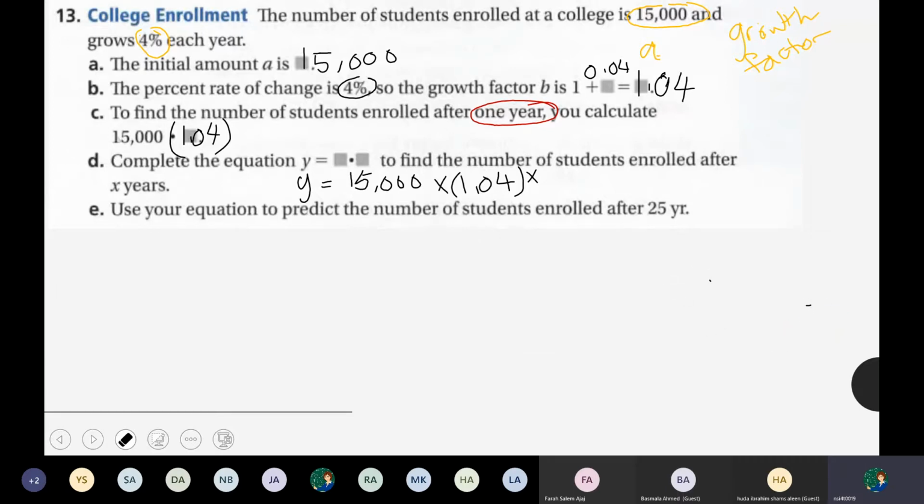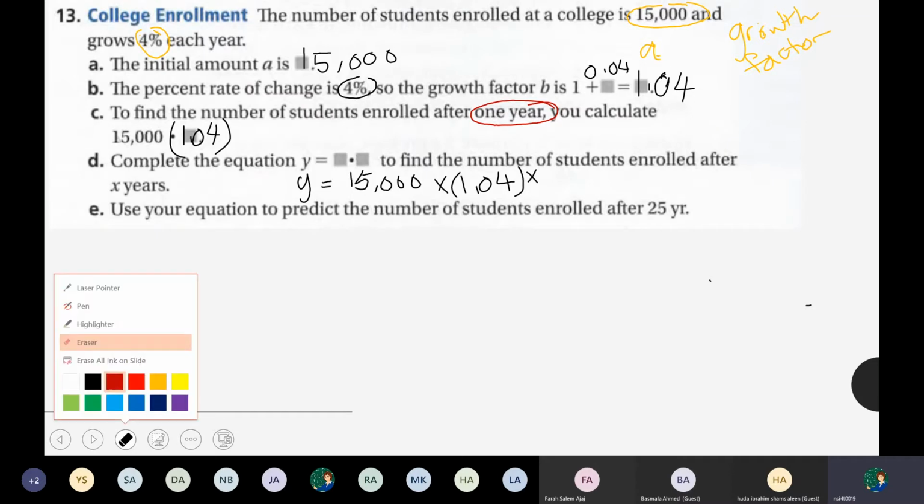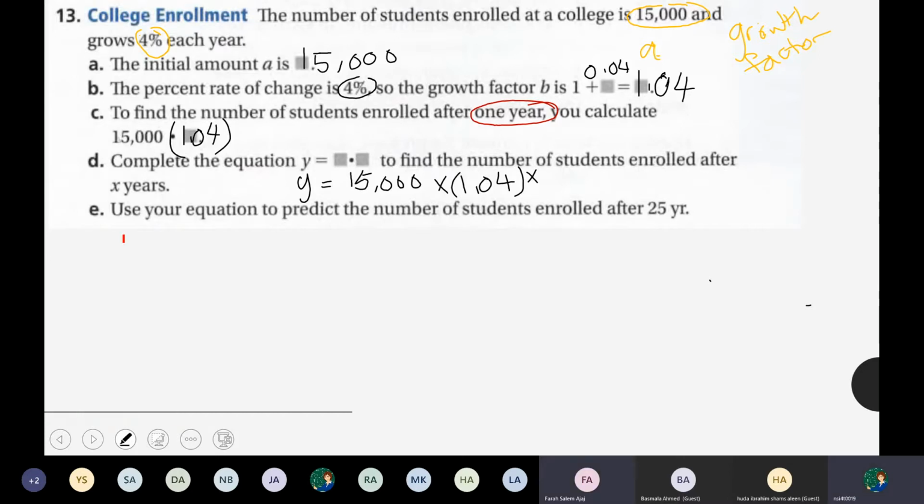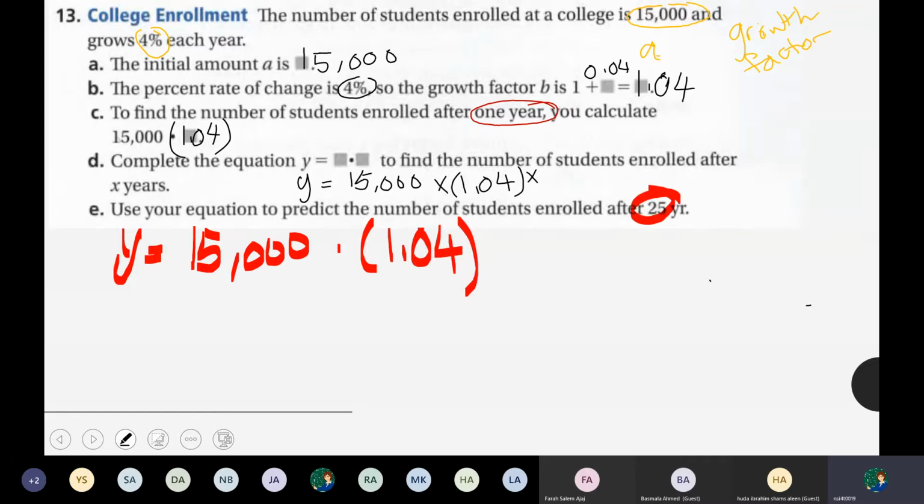Then use your equation to predict the number of students enrolled after 25 years. So we'll write 25 instead of x. 15,000 times 1.04 raised to what now? To 25.